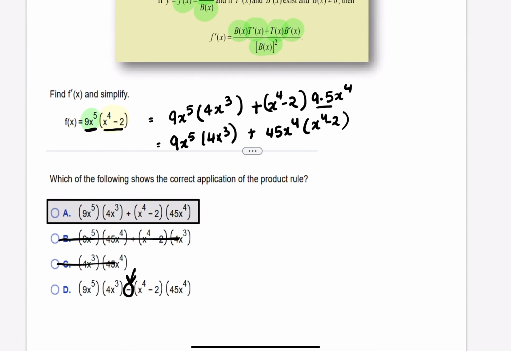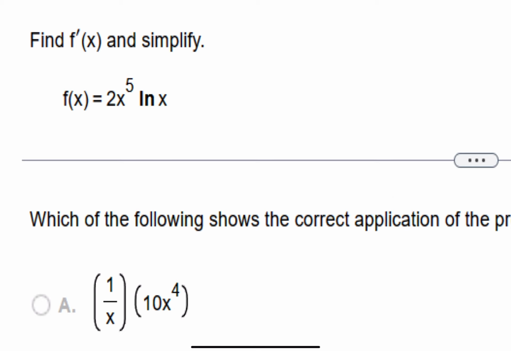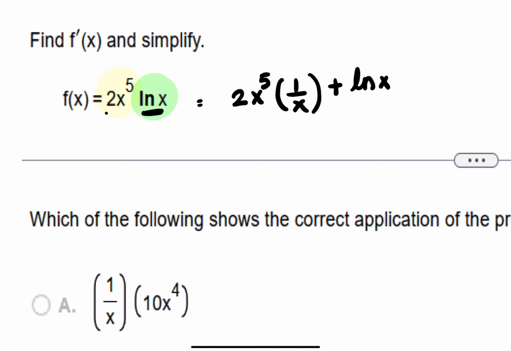All right, let's take a look at the next problem. Again, I have one function, which is 2x to the power 5. I have another function, ln x, and this is a product. So it's the first function times the derivative of the second function, which is 1 over x, plus the second function, ln x, times the derivative of the first function, which is 2 times 5x to the power 4.